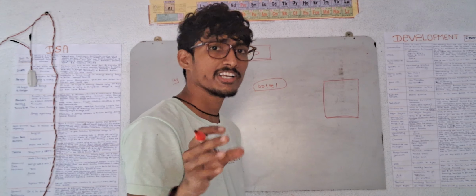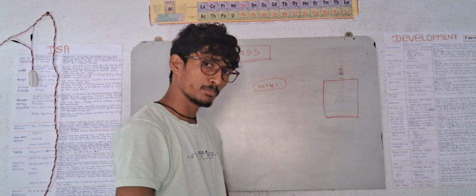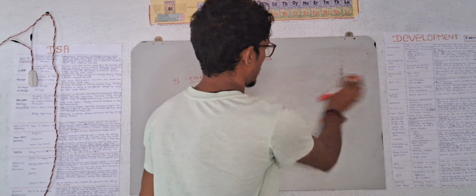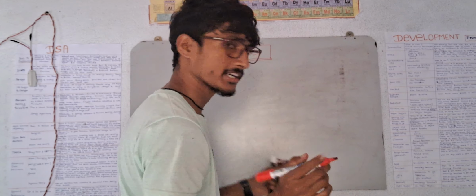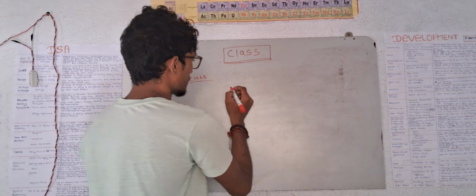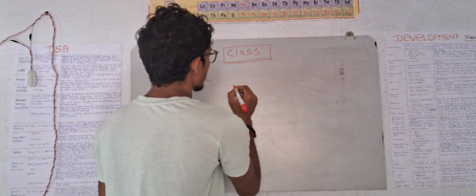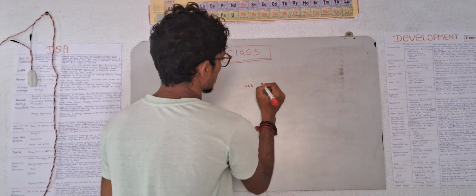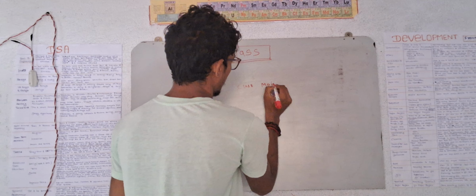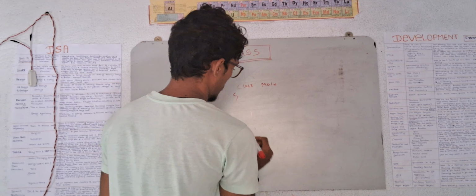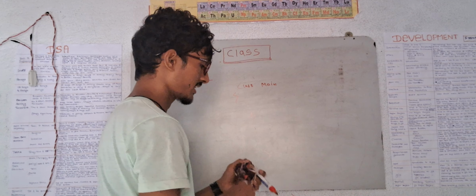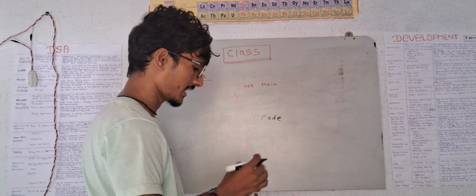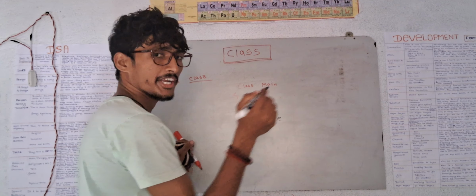Basically, when we write code and put it into the server, if you write some programs, let's make a program. Class, main, and inside it some code, and I tell you that you have to put it into the server.